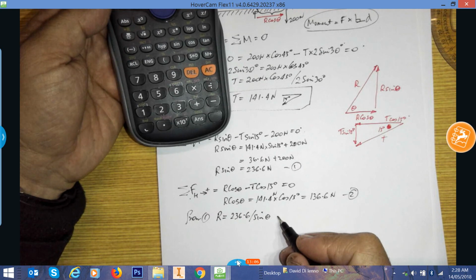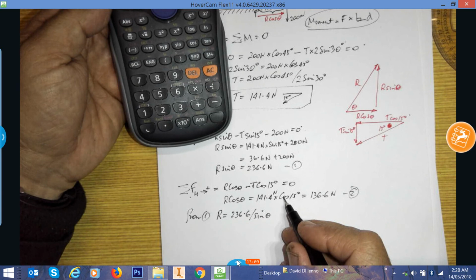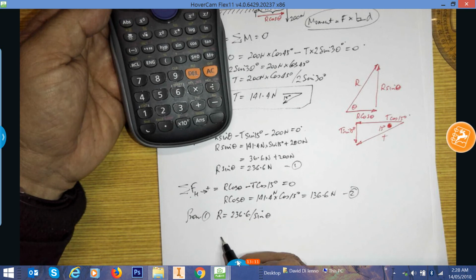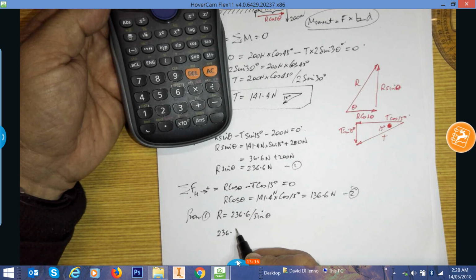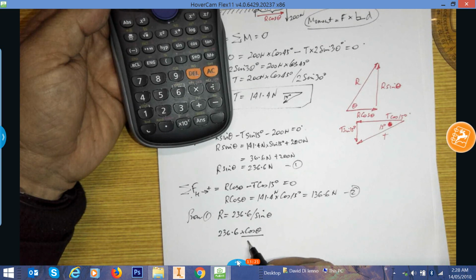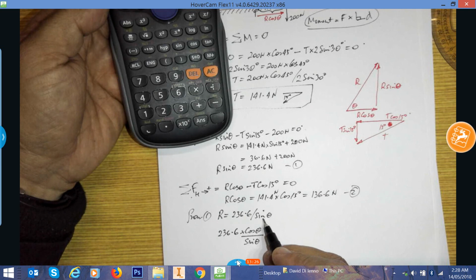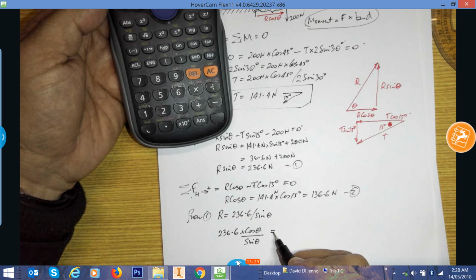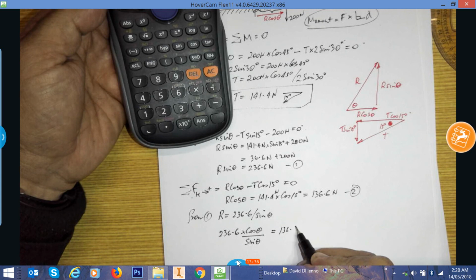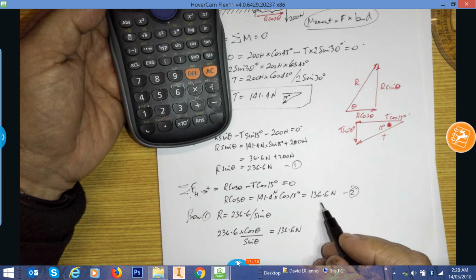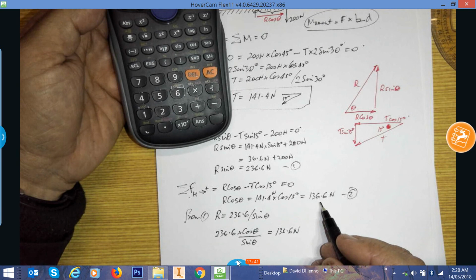If we plug this into equation 2, R now becomes 236.6 times cos theta divided by sine theta, because R is 236.6 divided by sine theta, and that is going to equal 136.6 newtons from equation 2.